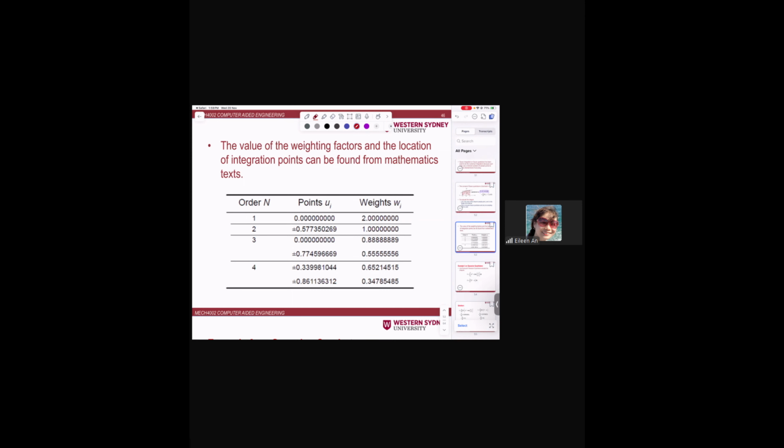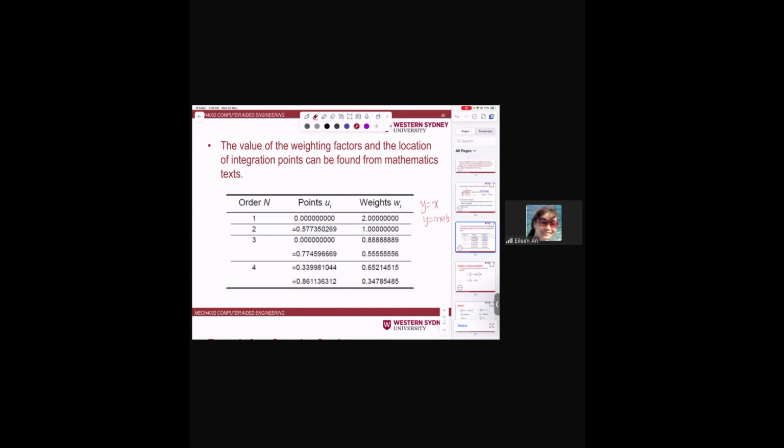For example, for a very simple case, like y equal to x or y equal to ax plus b. For this linear curve, we can just use a single Gauss point, and we select the point at the middle point, 0.